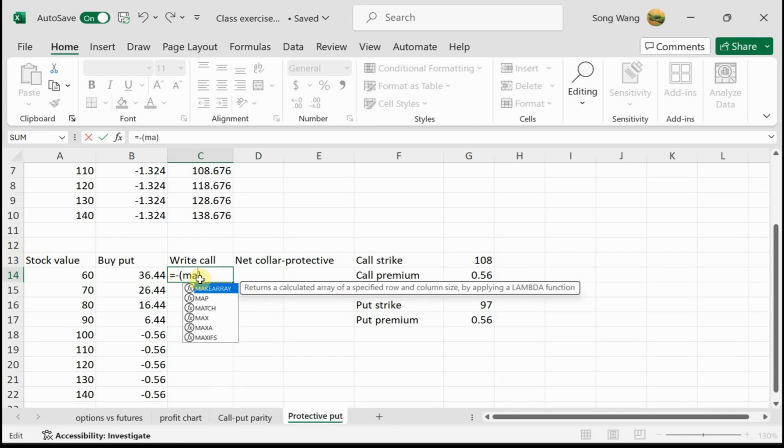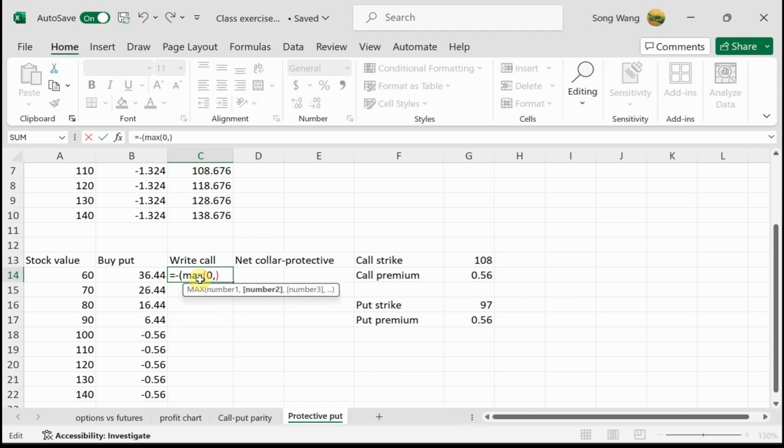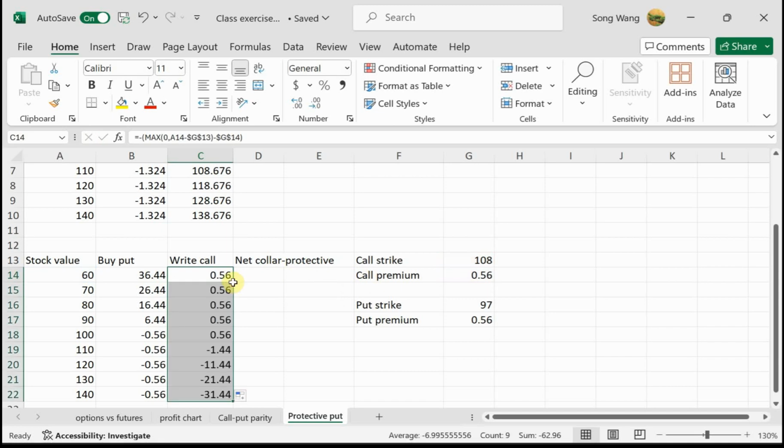The call option buyer's profit in the parentheses is a max of 0, or the stock value you're going to sell at minus the call strike price you pay for. Then you also need to pay for the premium as a call option buyer. So this part is the profit for the call option buyer, and if you put a negative sign in front of everything, that's the profit for the call option writer. Make sure you lock the strike and the premium, and then you drag it all the way down.